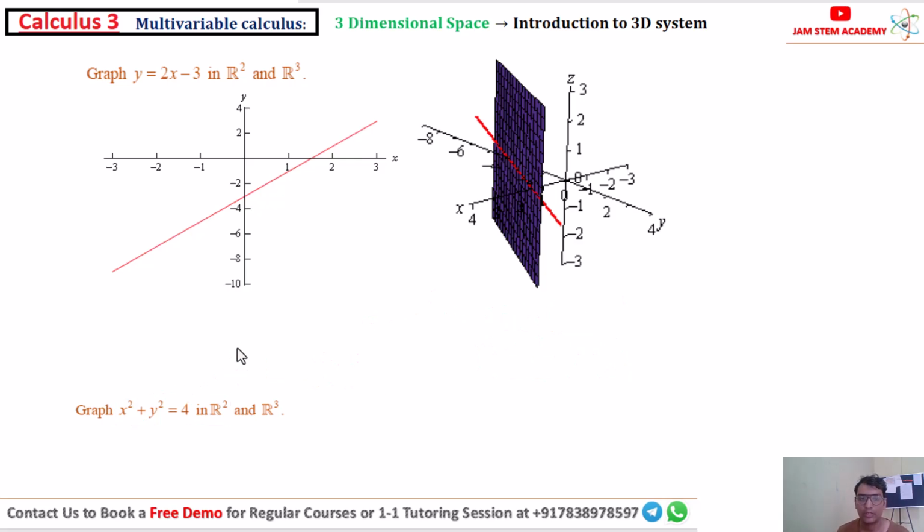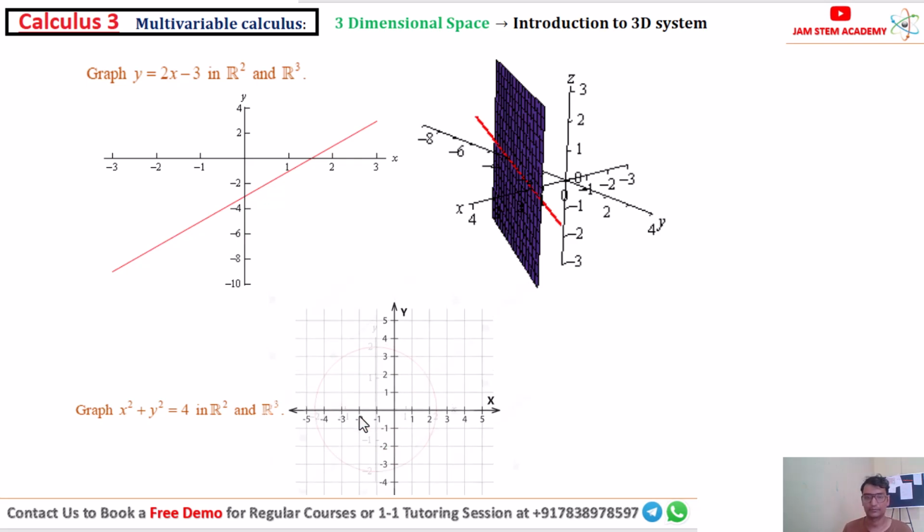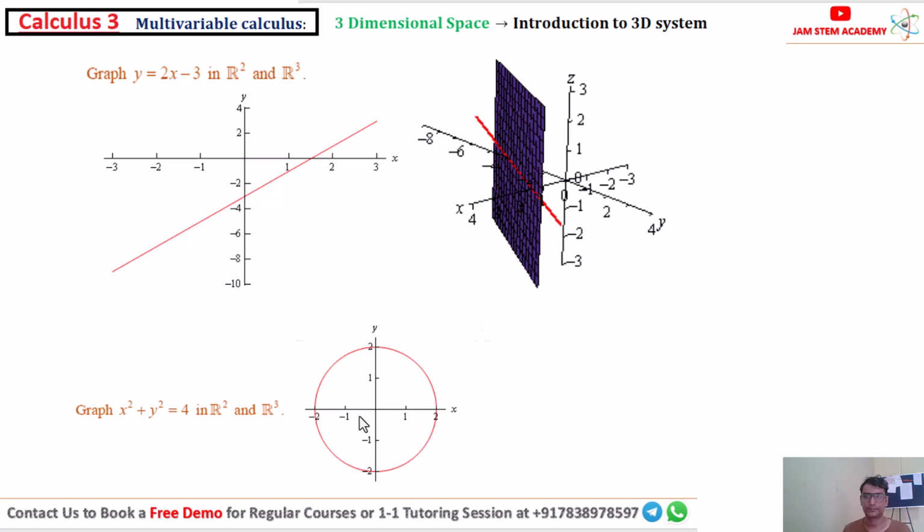So in order to draw this in 2D, first I will take these xy axes and draw a circle of radius 2 units, passing through these 2 points and having the center at origin. So yes, I can simply draw a circle like this. Now generalize it to 3D.